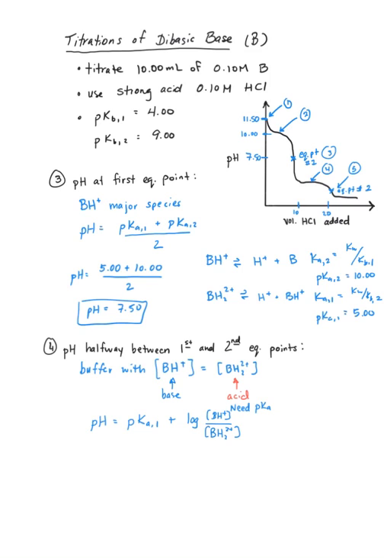Because these two are the same quantities again at the halfway point between the first and second equivalence points, this becomes the log of 1 or 0. So pH is just equal to pKa1, which is 5. So at this point, our buffer in between the first and second equivalence points, we expect a pH of 5.